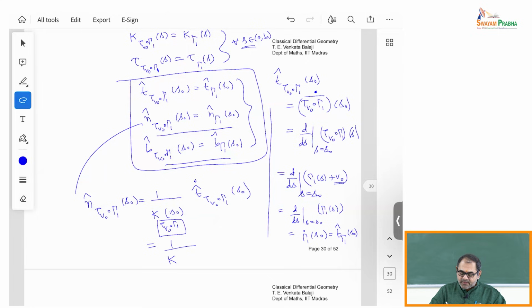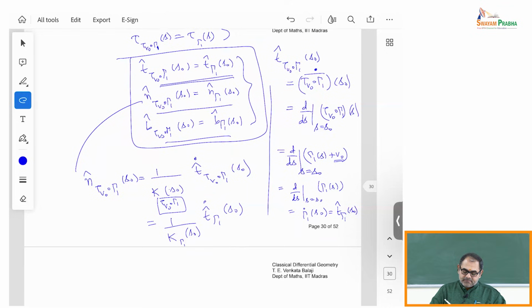So it is 1 by k gamma 1 at s naught, and already the tangent vectors are the same, therefore the derivatives are the same. So I will get this also as t cap dot gamma 1 at s naught. Once you get this, the third one will also follow. If the t's and the n's are the same, then the b's are the same because b is given by t cross n.